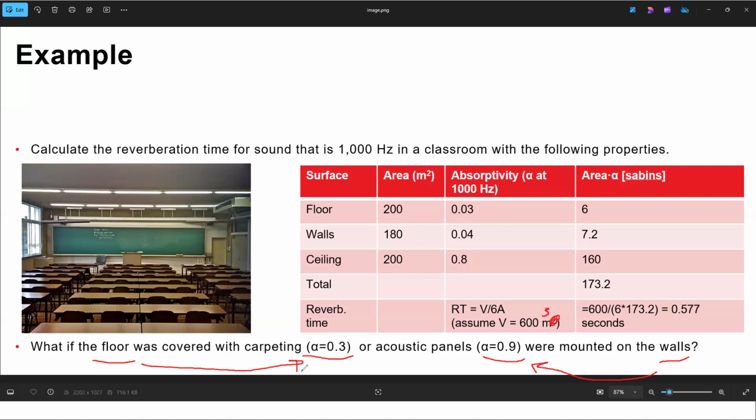Sorry, putting you under the spotlight. Did you calculate it or not? Doesn't really matter if you did it. Okay. 0.3 and that's 0.34, for the carpeting one. But did everybody calculate this one correctly?